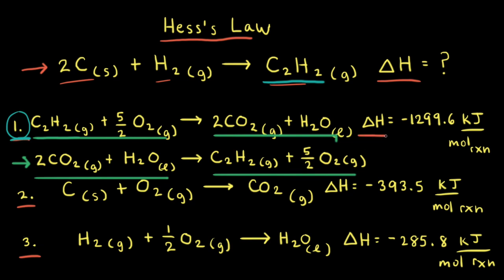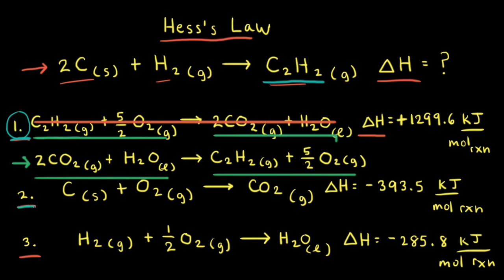Kilojoules per mole of reaction just means how the reaction is written in the balanced equation. And since we've reversed equation 1, we also need to reverse the sign for delta H. So instead of this being a negative, we're going to change this into a positive. And also, let's cross out the first equation so we don't get confused.